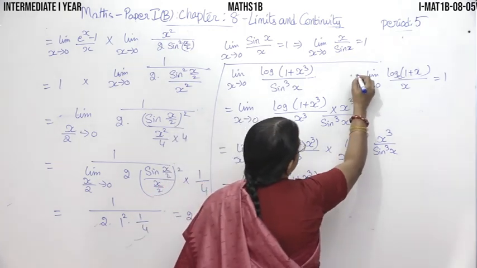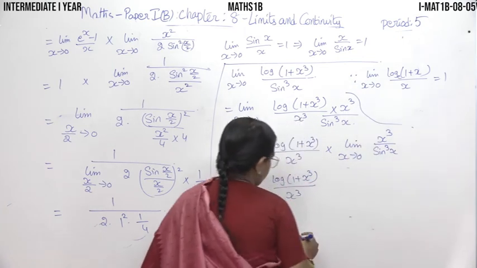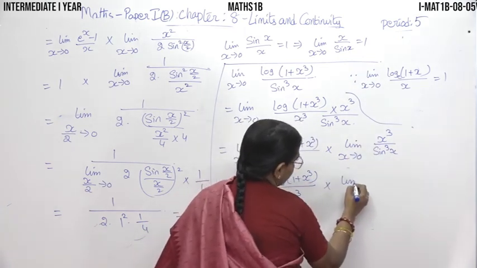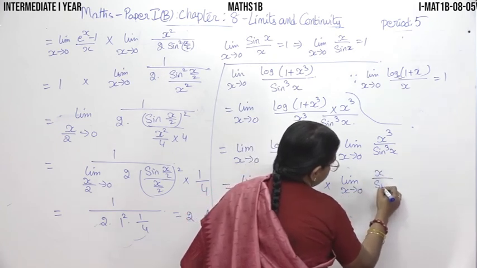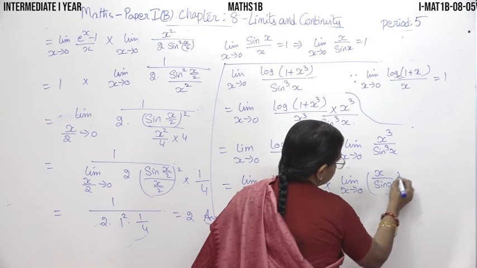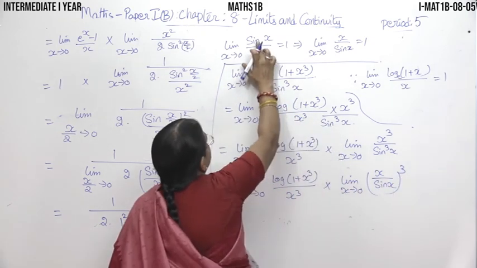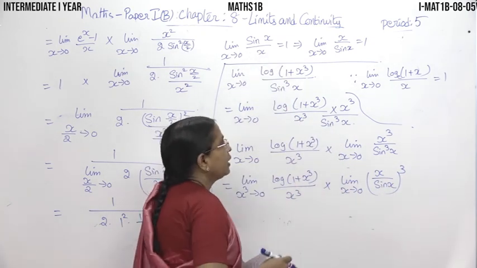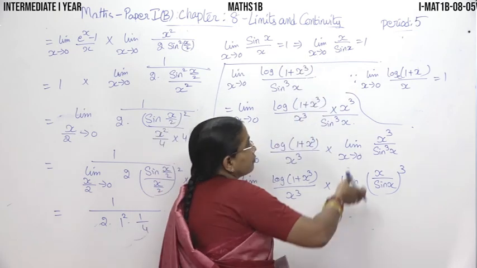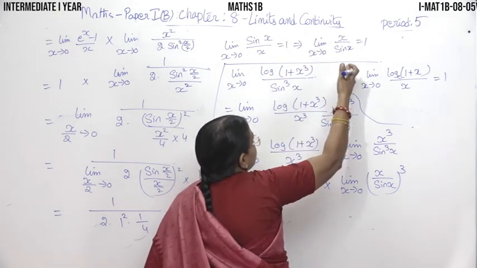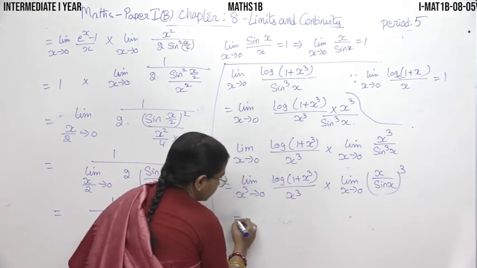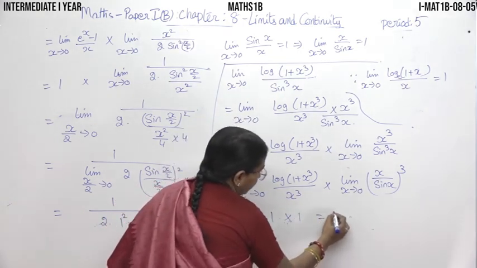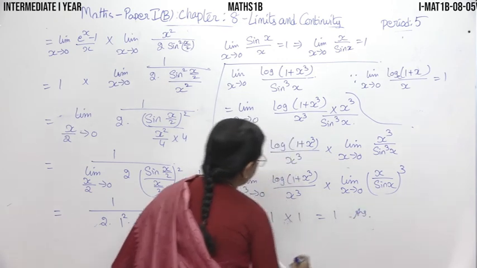Into this we'll write limit x tending to 0 of x by sin x whole cube. As I said, limit of sin x by x is 1, or x by sin x is also equal to 1, because you can take this to the denominator and the limit also to the denominator. So this is 1, that is also 1. So like this we do.